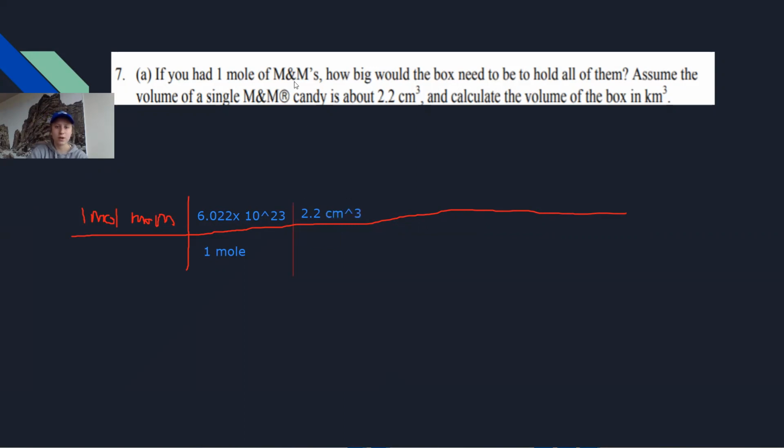So if you see now, we're working on getting towards canceling out our 1 M&M.